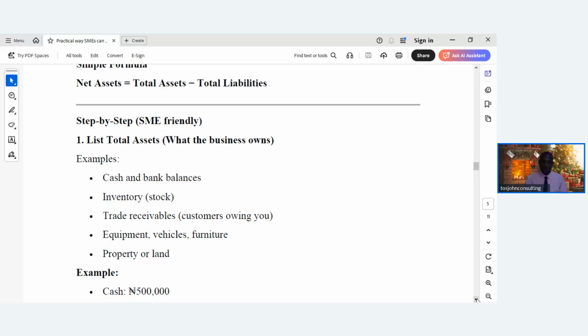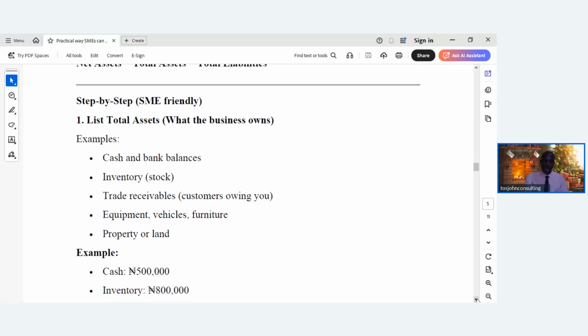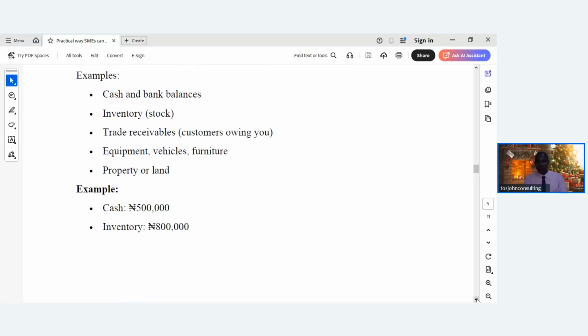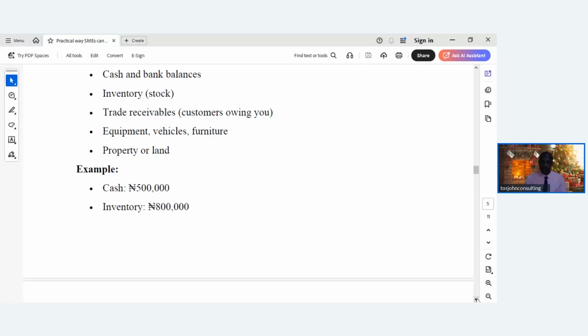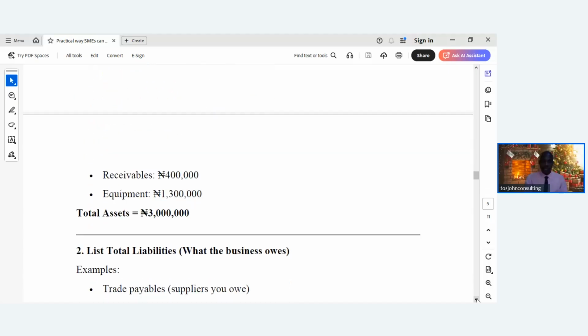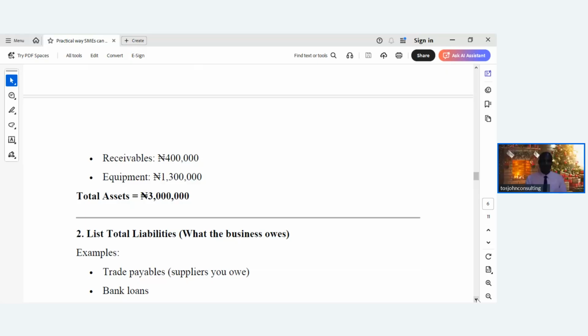So you list all your total assets from current and non-current assets, and then you know your total assets. For example, you have your cash, 500K, your inventory, 800K, your receivables, money you're expecting from customers, 400K, equipment, 1.3M, total, 3 million. That's your total assets.